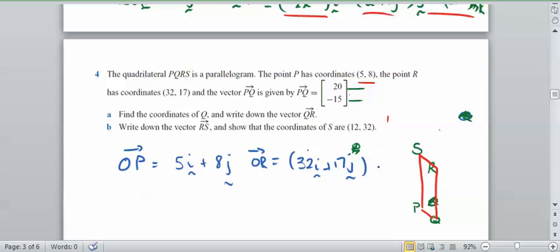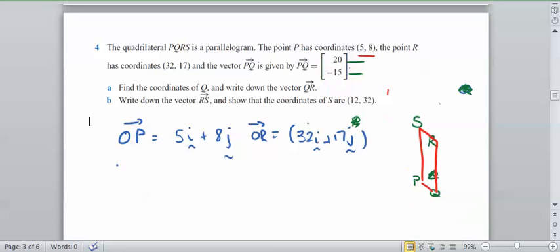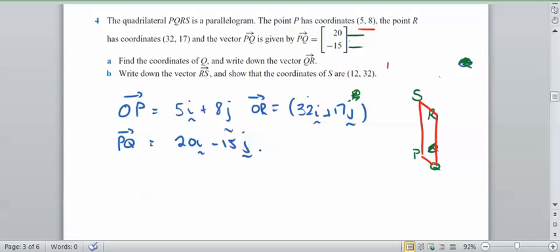And the vector PQ is given by 20i minus 15j. We want to find the coordinates of Q, so we want to find OQ, and we want to find QR. So what do we do?